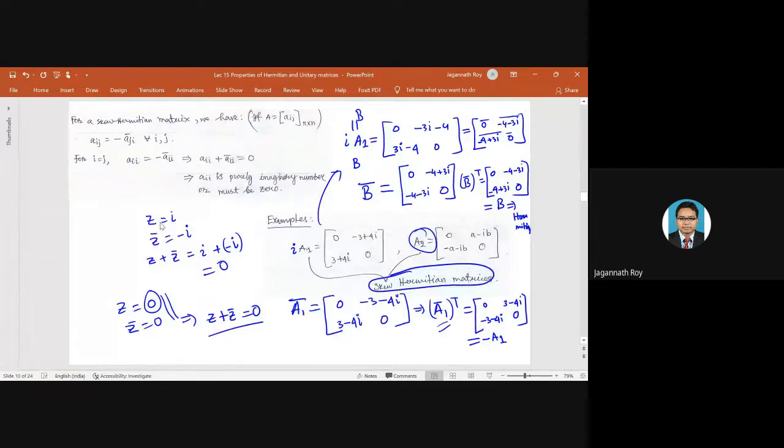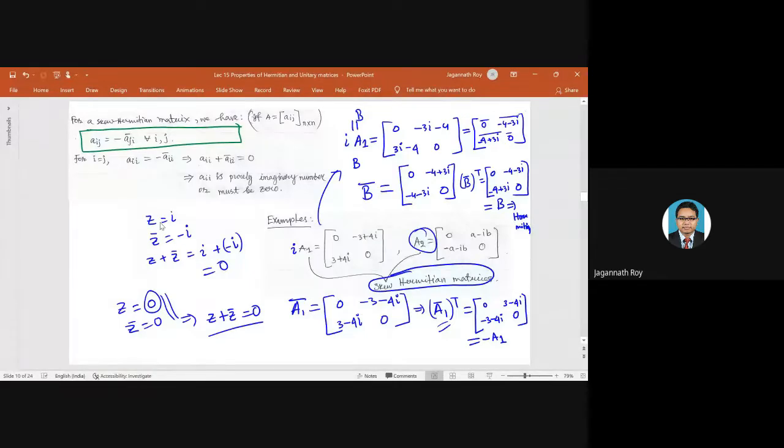Now we have to study the nature of the skew Hermitian matrix. For a skew Hermitian matrix, we have this relation satisfied: aij equals aji conjugate multiplied by negative 1.